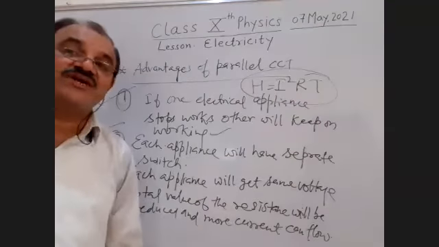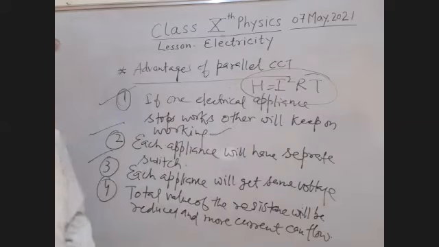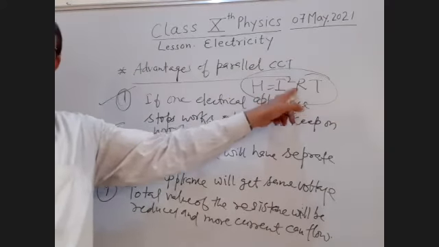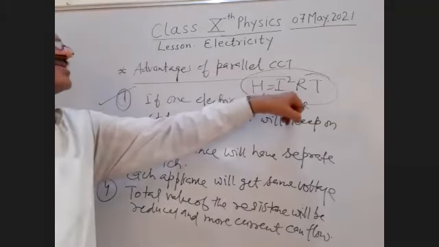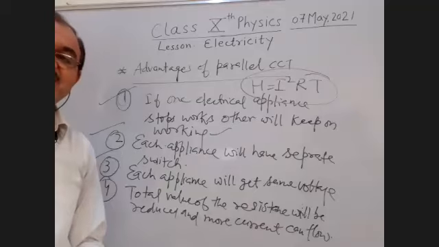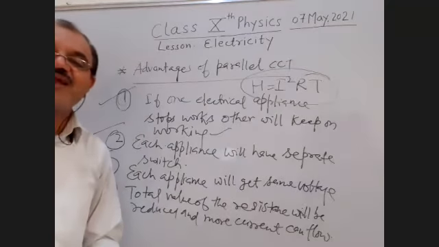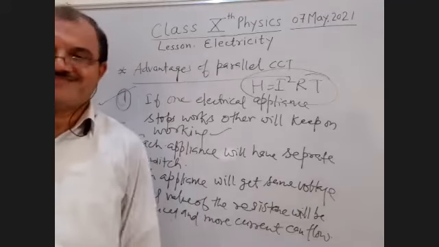Is it clear, student? If you see this formula carefully, H is equal to I square RT, heat is directly proportional to the resistance, current, and time. But students, listen. If the value of the resistance is less, then ultimately the electrical appliances will emit less heat.